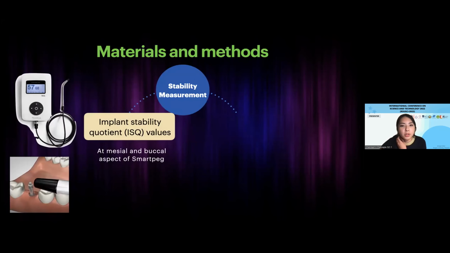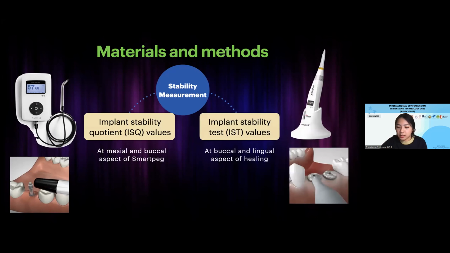For the stability measurement, after the implants were placed, the standardized peg was hand screwed into the implant fixture, and the probe of the device was held as close as possible to the peg in the buccal and mesial directions. Another measurement is with the AnyCheck, the IST device.